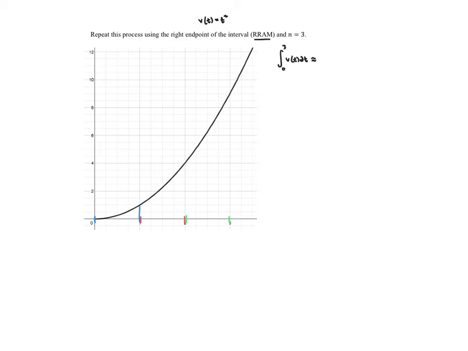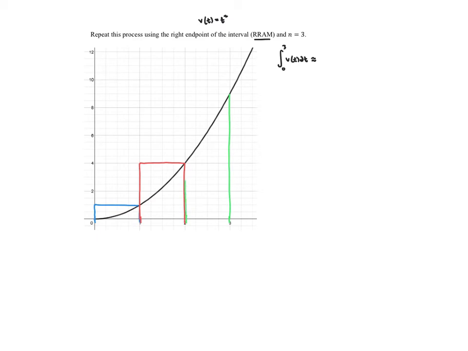So the blue rectangle will no longer have a height of v of 0, it'll have a height of v of 1. You can tell already that the value we'll end up getting will be an overestimate of the actual. I didn't talk about it on the last slide, but our previous approximation will be an underestimate.